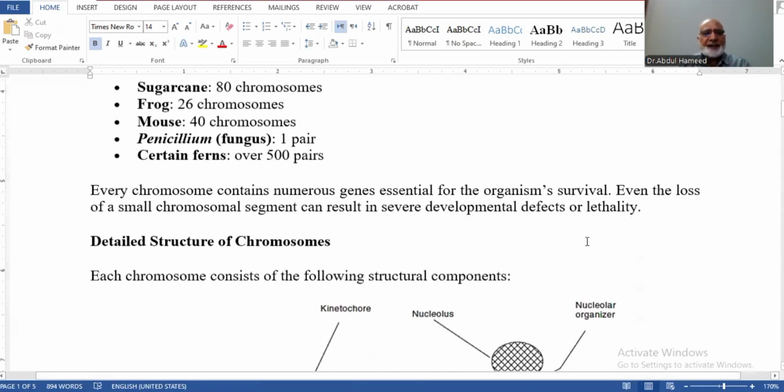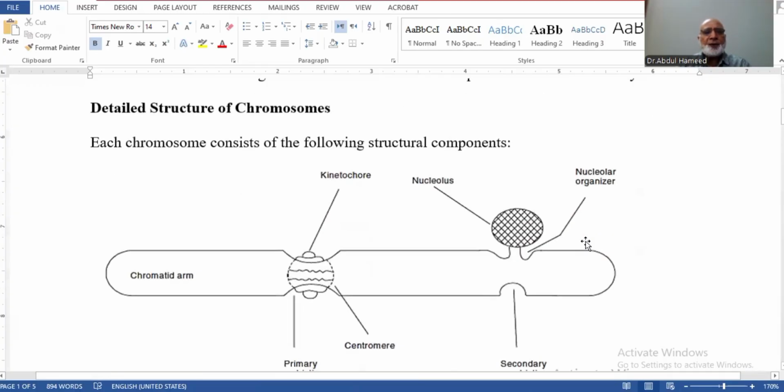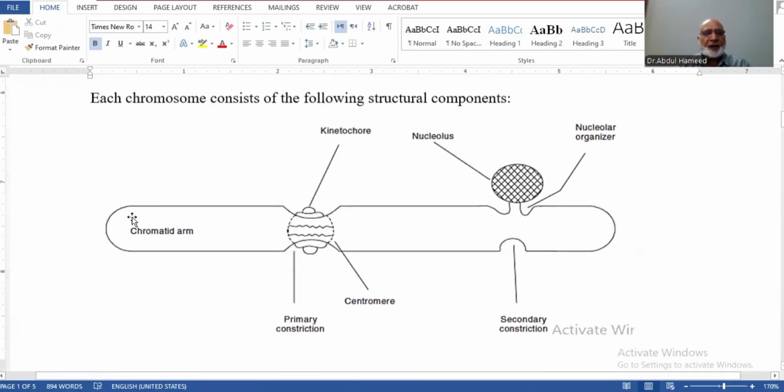So what is the detailed structure of a chromosome? Each chromosome consists of the following structural components. Let's start with a single chromosome before the start of cell division, before its duplication. It has a chromatid, two arms, and this is the centromere.